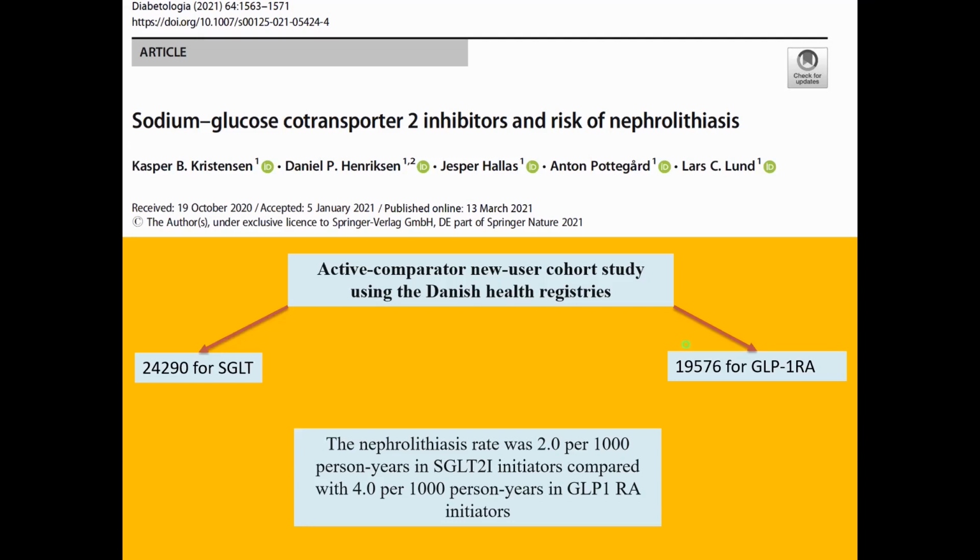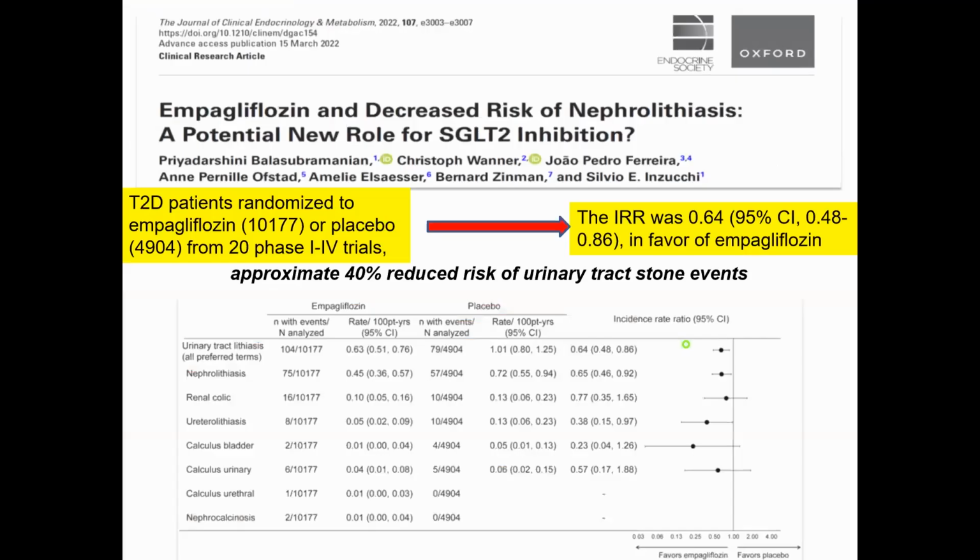So I think it's my clinical experience also. I don't know the science behind how the stones get dissolved in the high sugar urine environment, we don't know. However, it is now being definitely proven. This is again a clinical trial, the post hoc analysis.